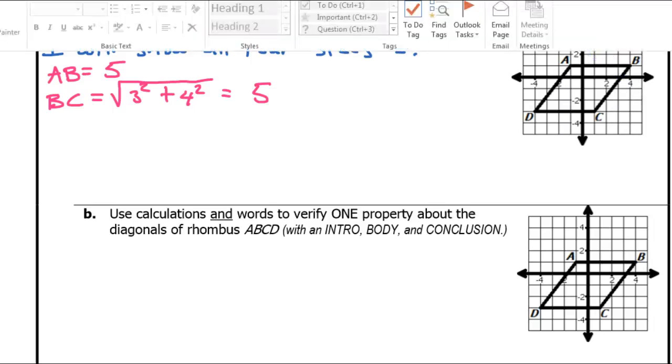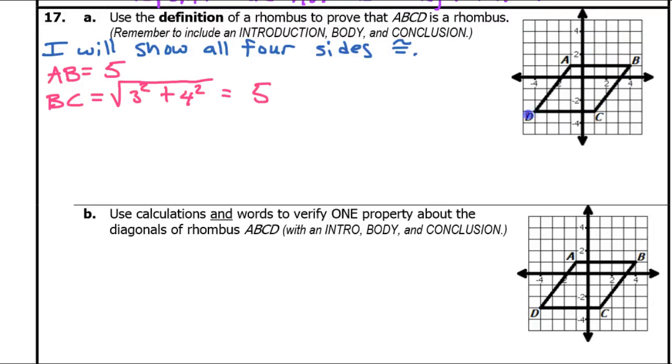Okay, so now I know that that's 5. Let's go around the clock, and now I'm looking at DC. And this is horizontal again, so I can just count. And that's 4, 5. Okay, so that takes me to AD. And I'm back to doing the Pythagorean theorem again.